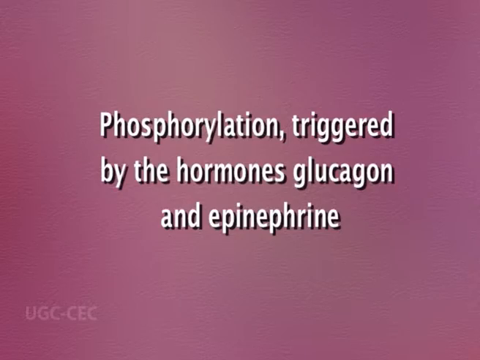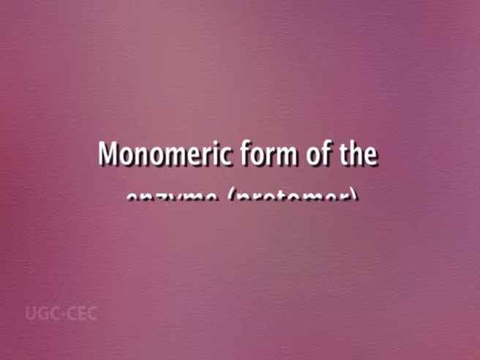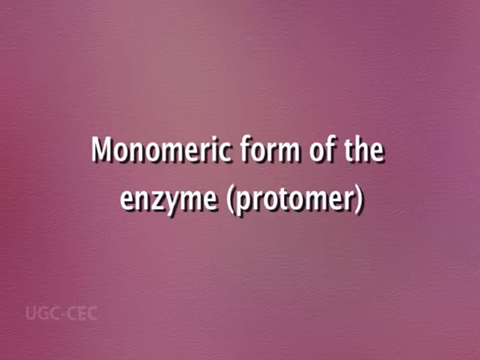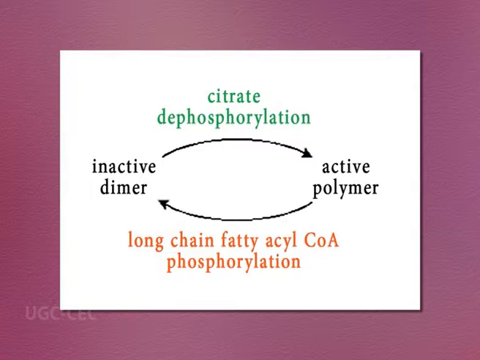the fatty acid synthesis process. Also, it should be noted that transition to the inactive conformation is associated with dissociation to yield the monomeric forms of the enzyme, that is, protomers are released. In the active, that is the dephosphorylated conformation, which is triggered by the hormone insulin, acetyl coenzyme A carboxylase associates to form multimeric filamentous complexes.